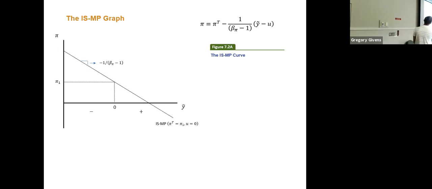We again graph inflation on the vertical axis with the output gap along the horizontal axis. Now, what does this particular line show us?